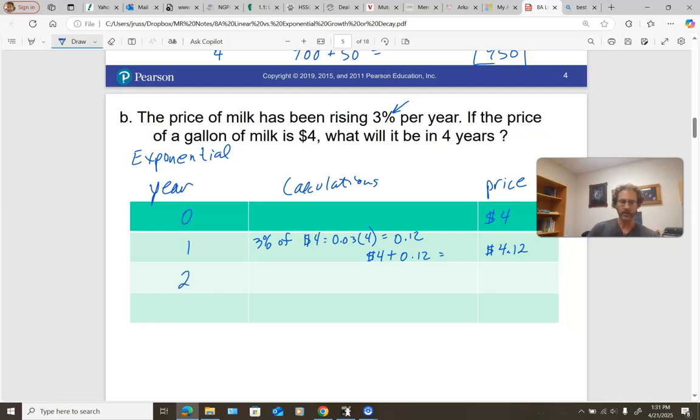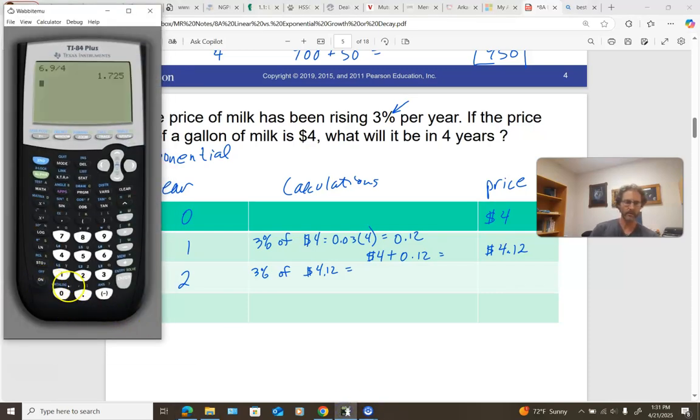So now over year 2, the new price is $4.12. So we need to find 3% of $4.12. Okay. So again, convert 3% to a decimal. I'm going to do this in my calculator. 0.03 times $4.12.